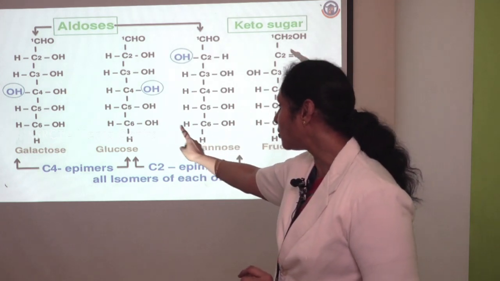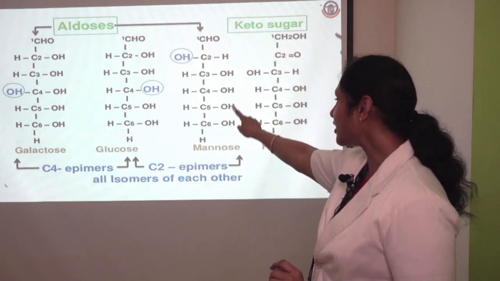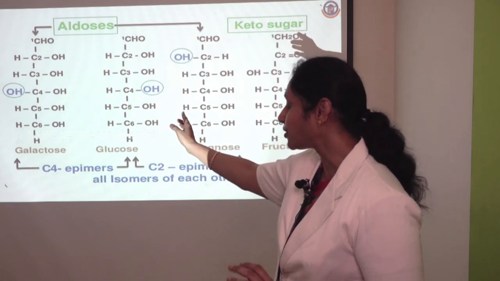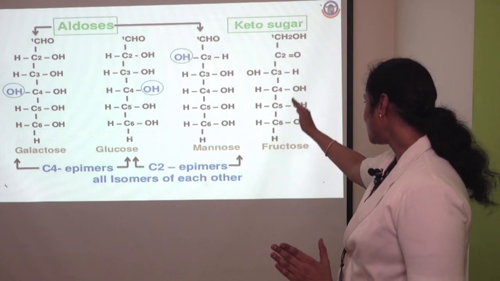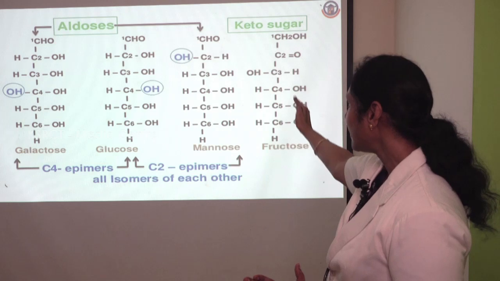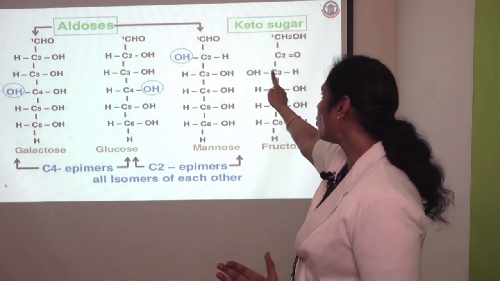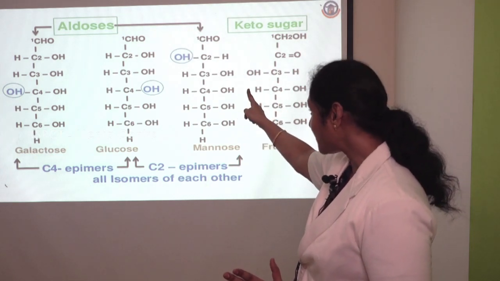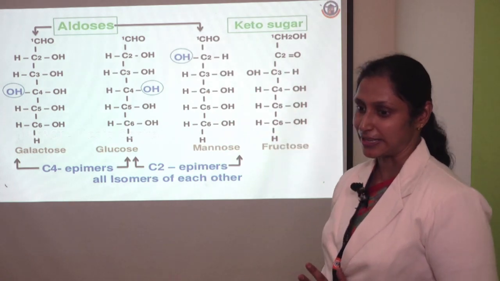Glucose and galactose we call C4 epimers. Here, in glucose the OH group is present on the right hand side, and in galactose the OH group is present on the left hand side. Similarly, mannose and glucose are called C2 epimers in terms of the arrangement of the OH group at C2. In glucose the OH group is on the right hand side, and in mannose it is on the left hand side.